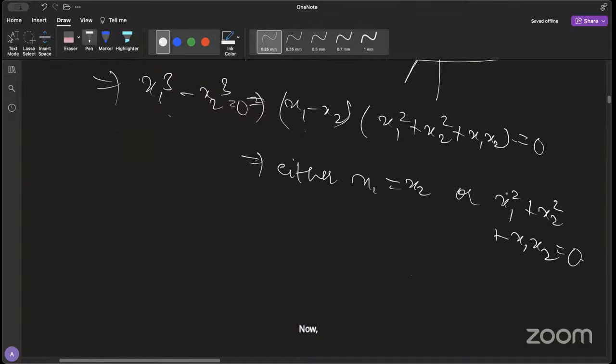Now, can this happen? Let's take x1 is equal to 1 and x2 is equal to 0. No, this is not going to become 0, right? So you'll have to see if this has a solution or not.